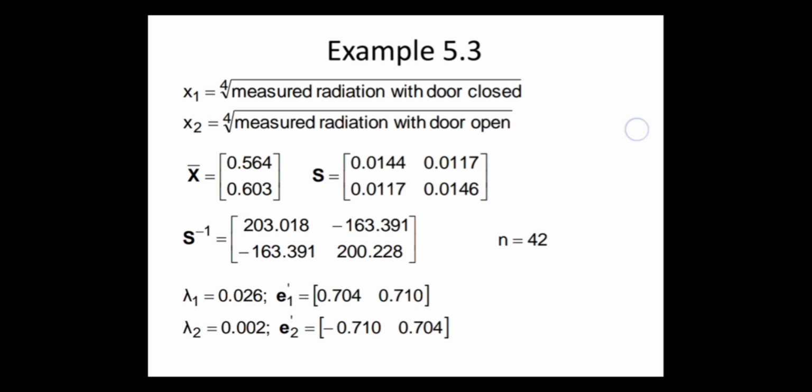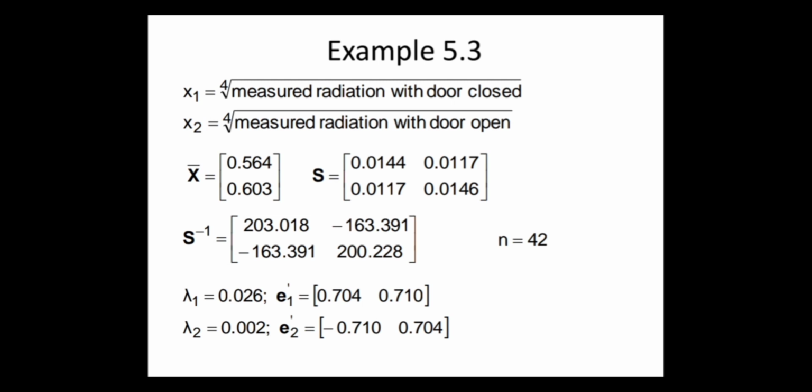But now they transform it a little, power the x1 to the power of 1/4. Alright, so from here we have the new x1 and the new x2, and then you can calculate the value of the x bar vector, the mean vector. You can calculate the variance covariance matrix, and you can find the inverse of the matrix.